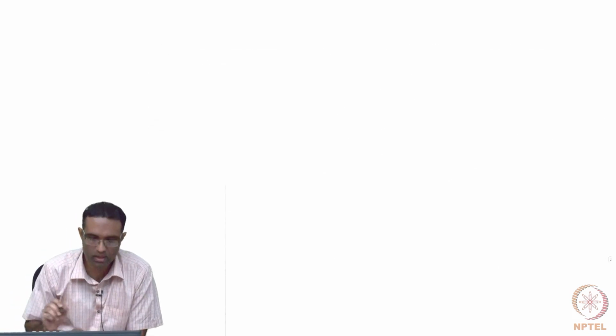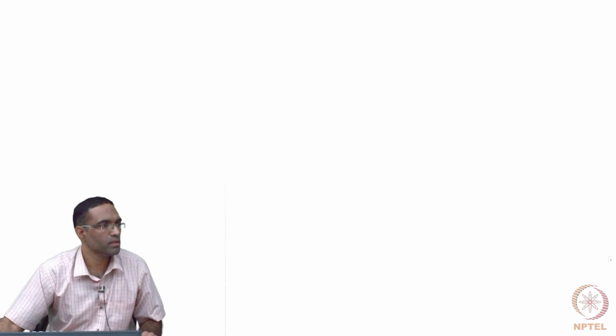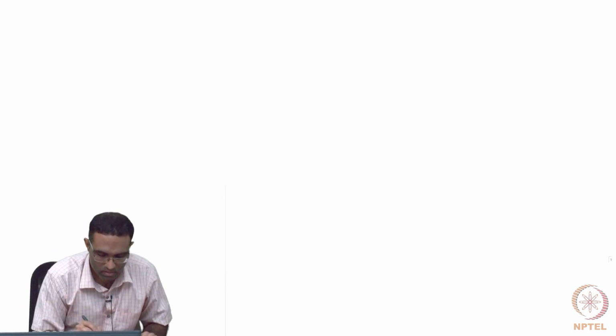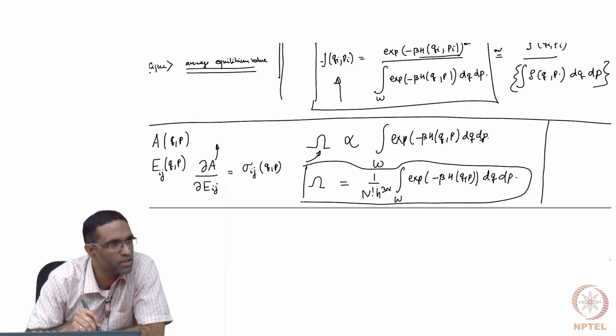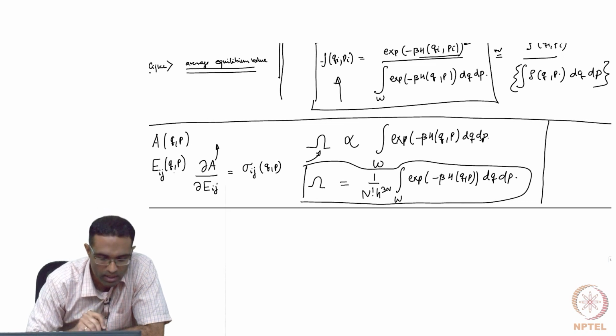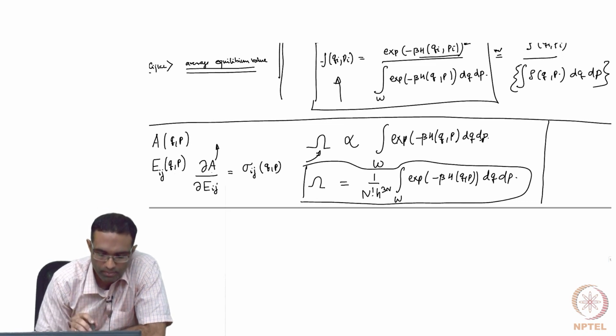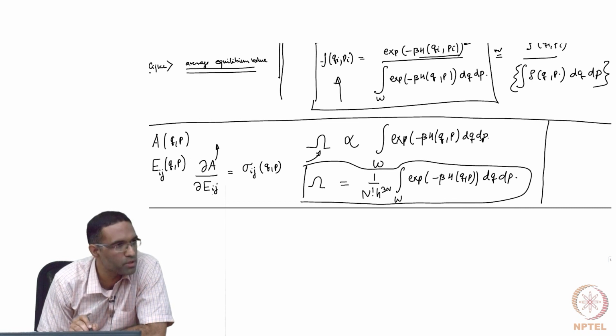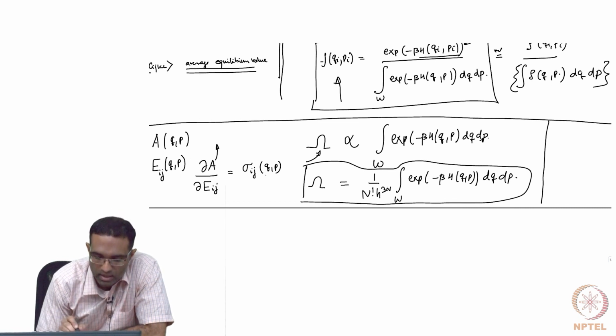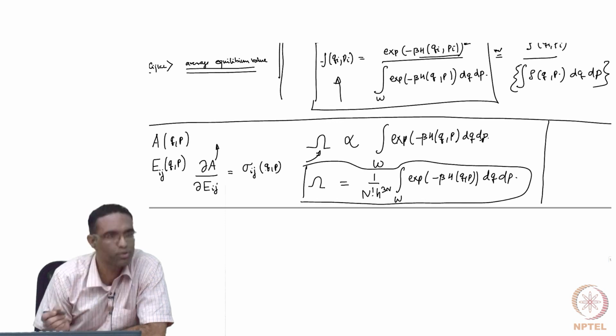Now let us try another way of deriving the same thing. Yes, you had some questions? Suppose we have the Helmholtz free energy as a function of q and p and the strain as a function of q and p. Then we may theoretically differentiate this Helmholtz free energy with respect to the strain, right, and get the stress as a function of q and p.